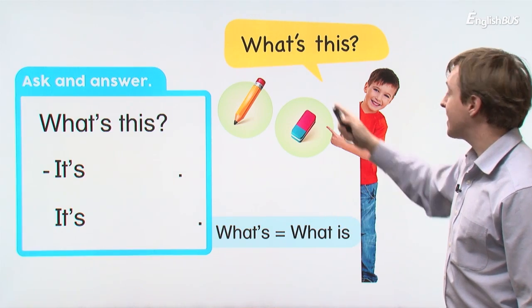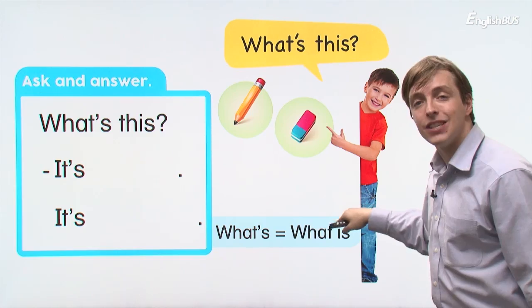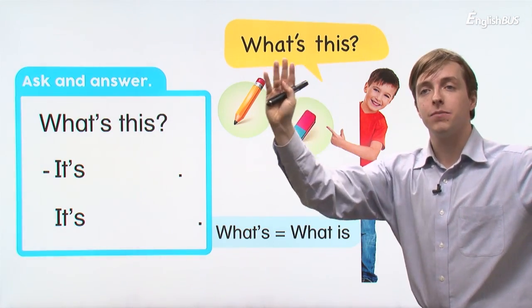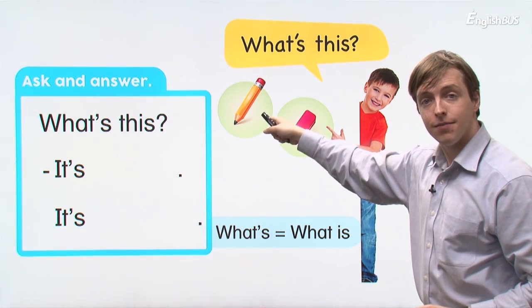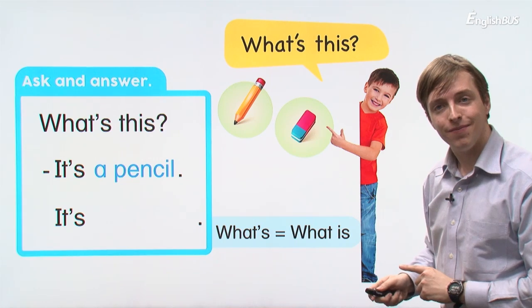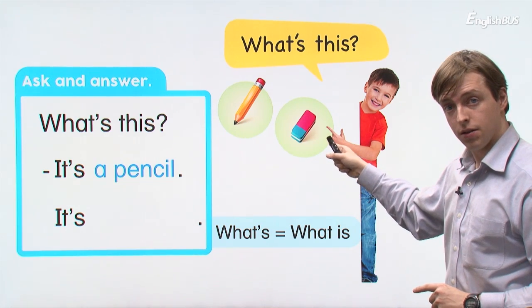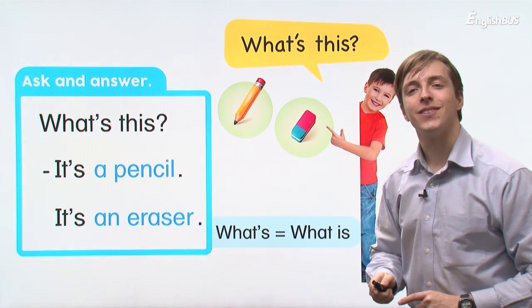So here again he's asking, what's this? So what's or what is? So what is becomes what's. What's this? Yes, it's a pencil. What's this? Right, it's an eraser.